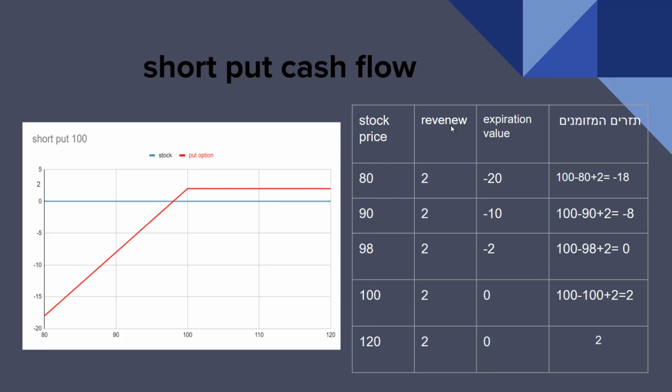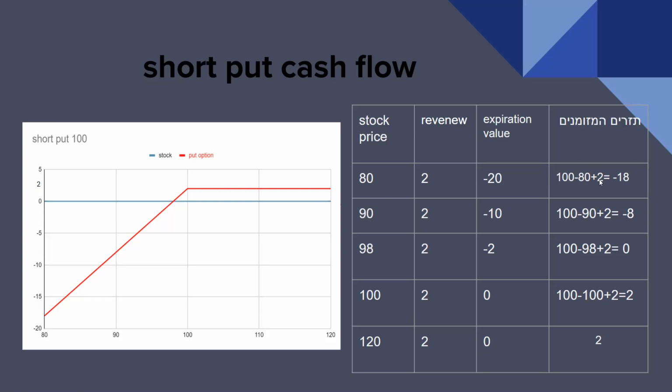So you see the revenue, we got $2 for selling this option. The expiration value of this option for the buyer is $20, and for you as a seller it's minus $20. So the cash flow here is 100 minus 80. Well, that's the expiration value, minus 20 for you.